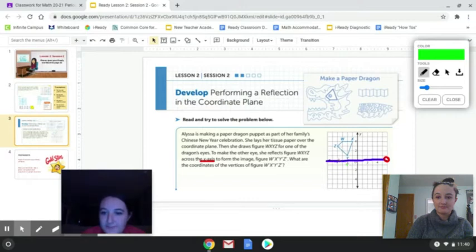Our Z is 3 points away, so we go 3 points away. Our W is 4 points away, so again we go 4 points here. Our X is 4 points away, so again we go 4 here. And from there we just draw the line to connect it so that we have our new figure after it has been reflected over the x-axis.